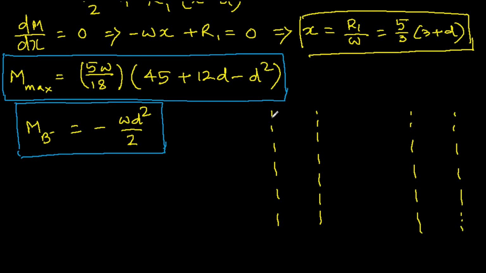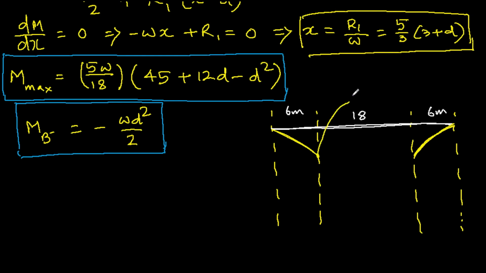It means your beam was like that, okay, and this distance was 6 meters, this side was 6 meters, and this one was 18. So this is a complete symmetric condition. Then our bending moment diagram would also be symmetric, right? And this will be something like this.